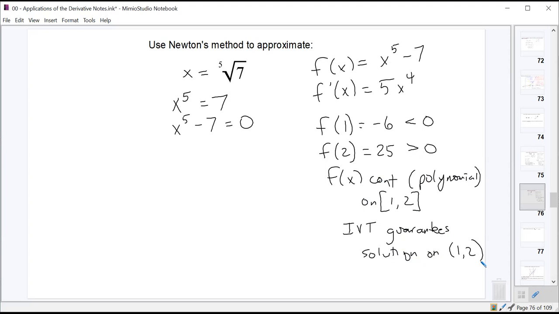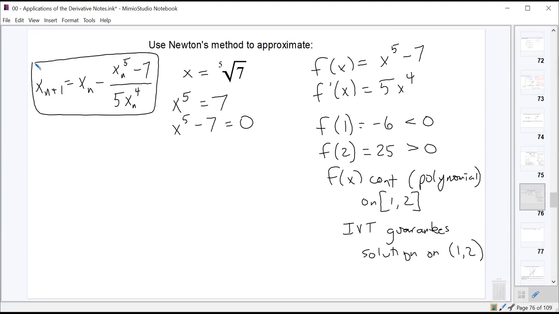So let's write out our formula. x sub n plus 1 is going to be x sub n minus f of x sub n over f prime of x sub n, which in this case is just going to be x sub n to the 5th minus 7 over 5 times x sub n to the 4th power. So this will be what we're using to approximate our root.